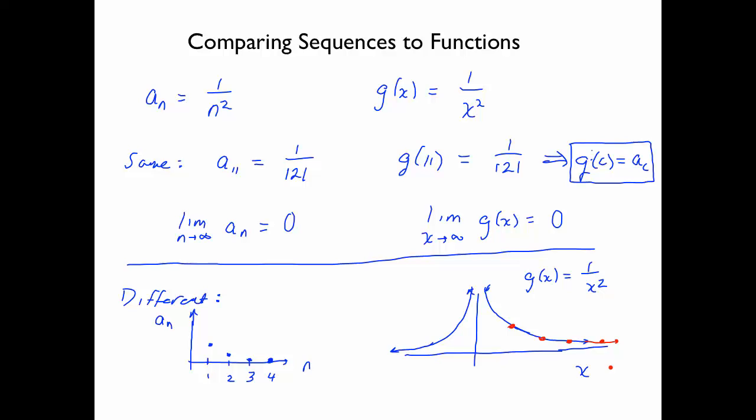And what that function does as a continuous function is exactly what those points will do, get very close to 0, and the limit will be 0. So the sequence is a subset of the function values for the counting numbers of the independent variable.